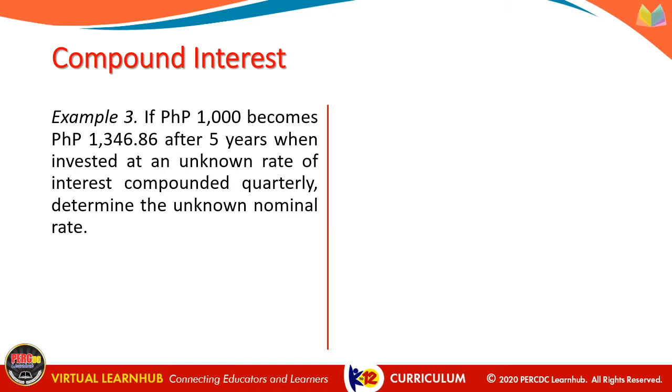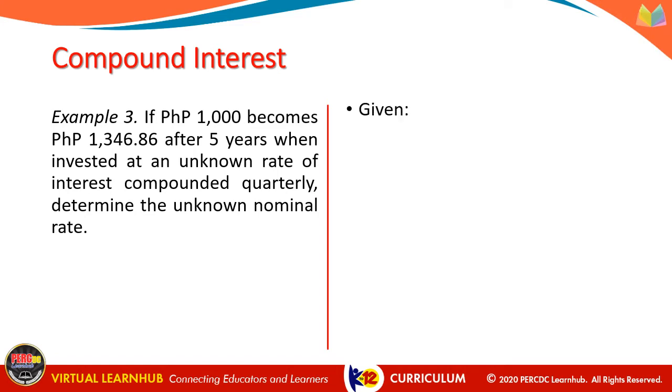Let us have example number 3. If 1,000 pesos becomes 1,346.86 pesos after 5 years, when invested at an unknown rate of interest compounded quarterly, determine the unknown nominal rate.